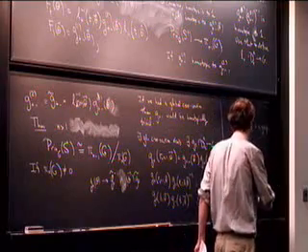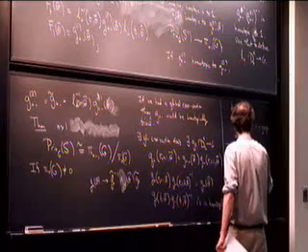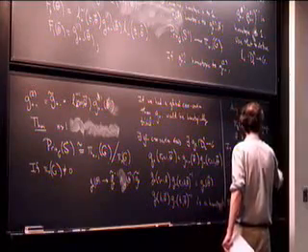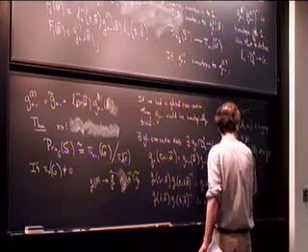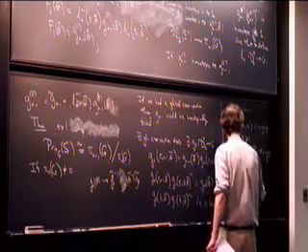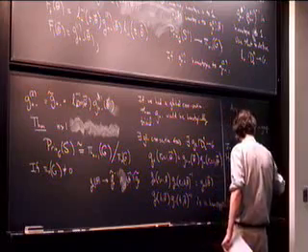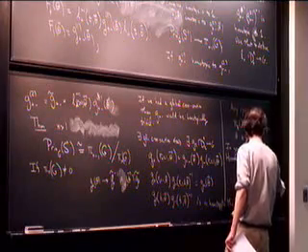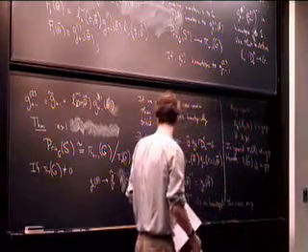In general, the set of components pi naught of x is not a group. However, pi naught of a Lie group is a group. Okay. So was that your question?